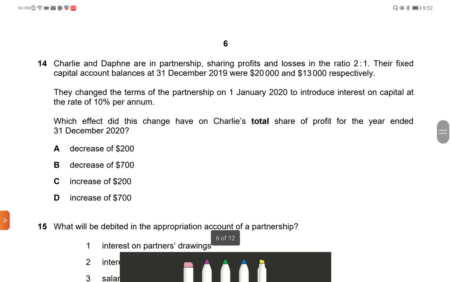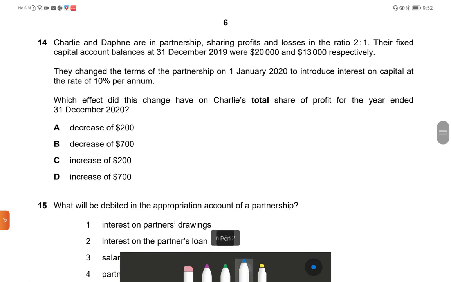Next, question number 14. Charlie and Daphne are in partnership. C and D are in partnership, sharing profit and losses 2:1. Their fixed capital account balances at 31st December 2019 were 20,000 and 13,000.